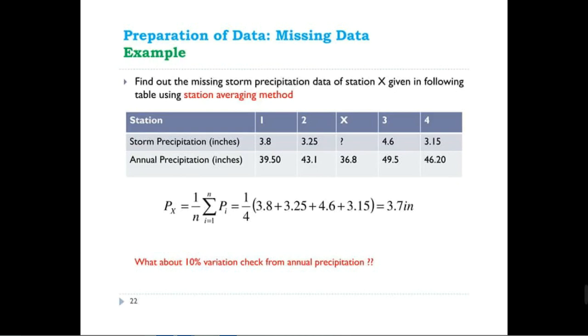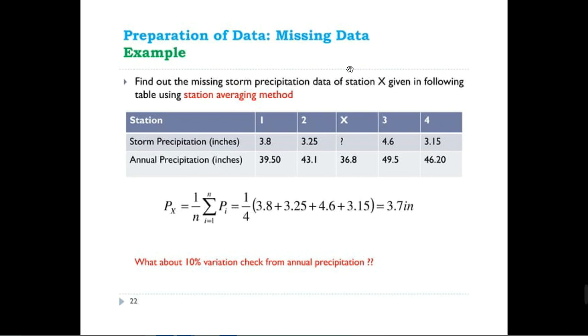Find out the missing storm precipitation data of station X given the following table using the station average method. These are some calculations. We have to find the missing station. Storm precipitation, what's the meaning? Storm precipitation is the precipitation that happens during a storm or cyclone. Annual means the 12 months average. So storm precipitation 3.8, this one.